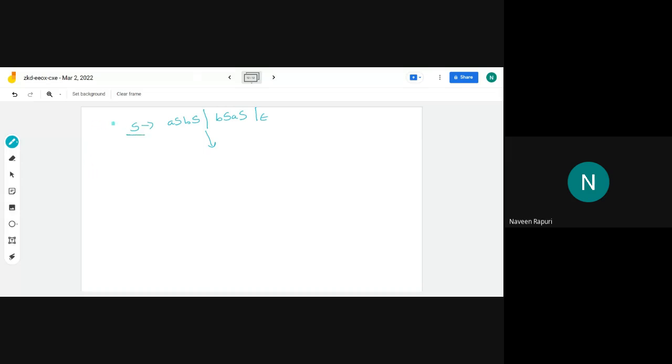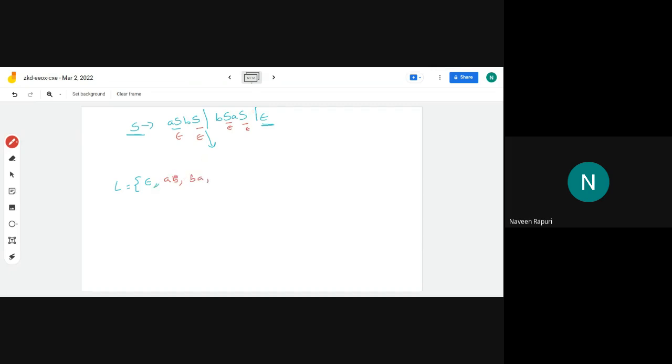Okay. Here S is directly deriving epsilon. So one string in the language is epsilon. Suppose if you place S as epsilon in a S b S, the string is AB. Here also, if you produce epsilon epsilon, the string is BA.